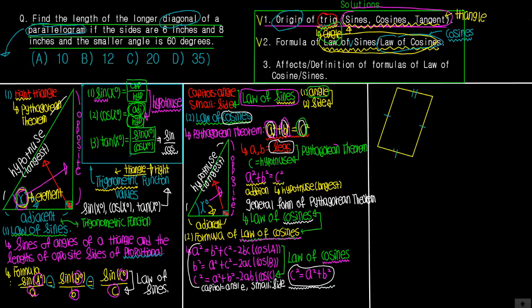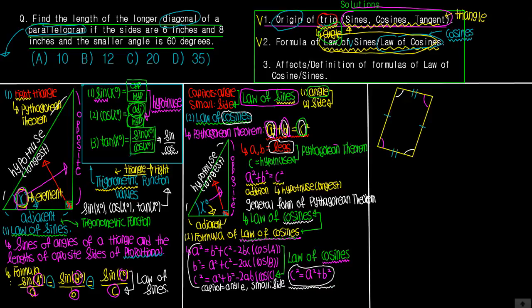So this is the parallelogram that we are seeking, and all we have to do is label every single length. And we know that this angle right over here should always be equivalent to this angle, according to a parallelogram's definition. And this angle that I'm pointing out should always be equivalent to this angle right over here.